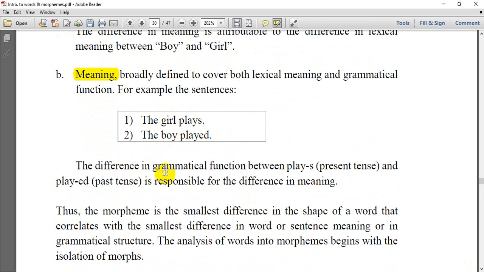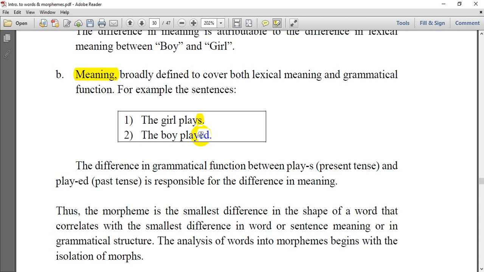The difference in grammatical function, plays in present tense and played in past tense, is responsible for the difference in meaning. Is it clear?